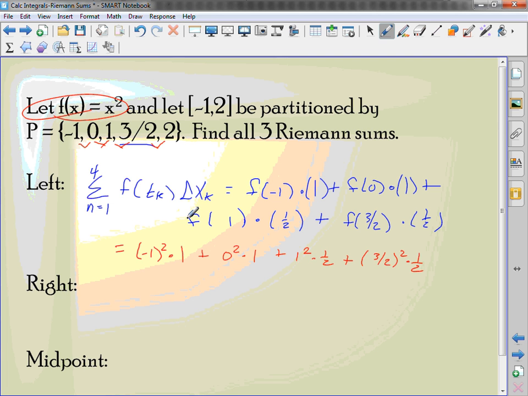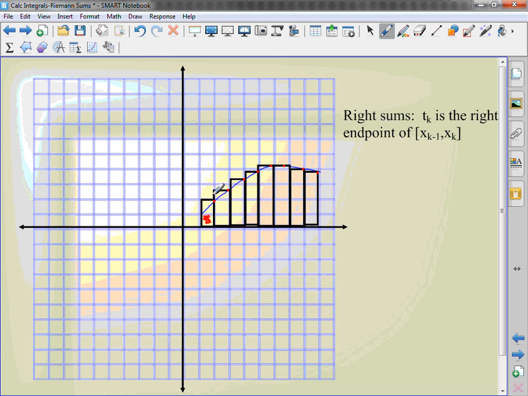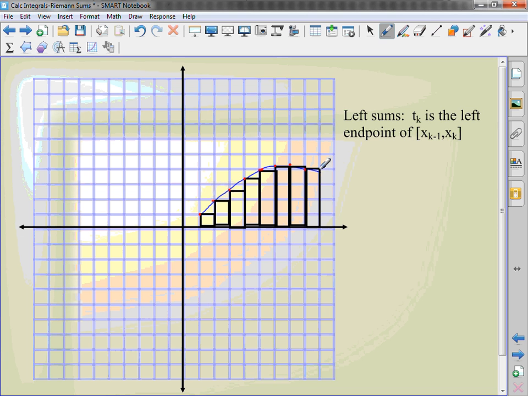The only thing I did first is I just did f of whatever times the difference in x. Then I actually substituted in. You have to think, where's my left one? This point right here doesn't get a red dot. I don't create a rectangle on the last dot.